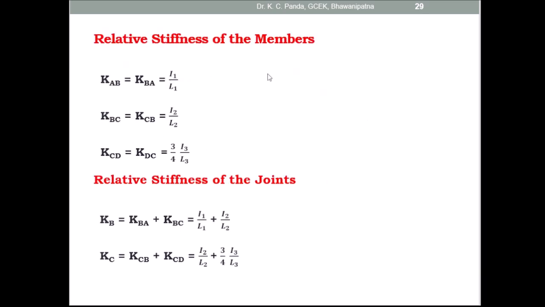So this is the relative stiffness of the members. KBA is equal to I1 by L1, KBC is equal to KCB is equal to I2 by L2, KCD is equal to KDC is equal to 3 by 4 I3 by L3.